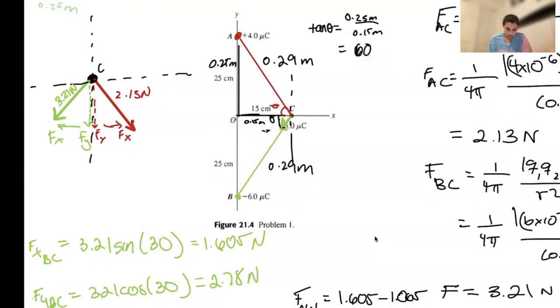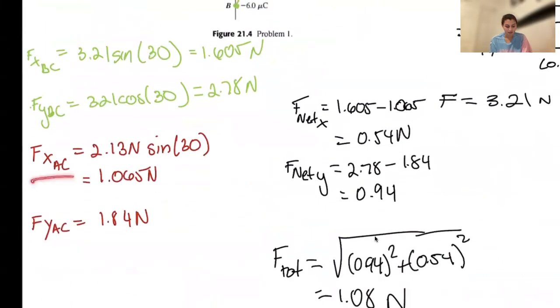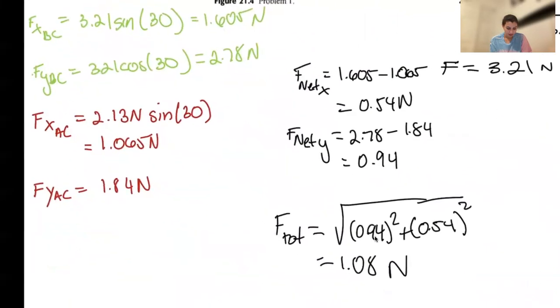Then for the Fy of B on C, same thing, except now we're talking about cosine, and that gave me 2.78 newtons. For the same thing but cosine, I got 1.84 newtons.